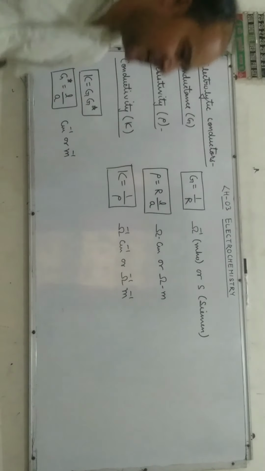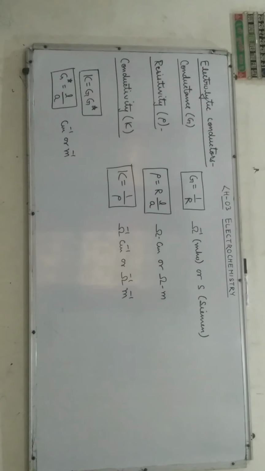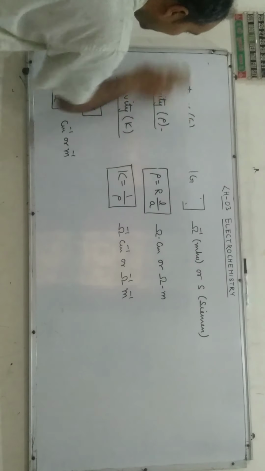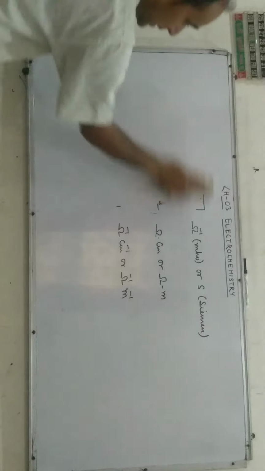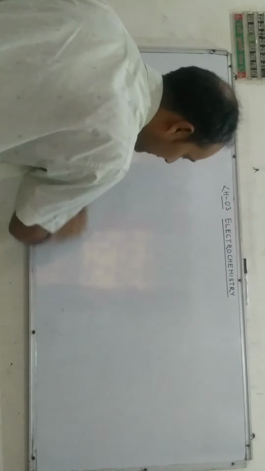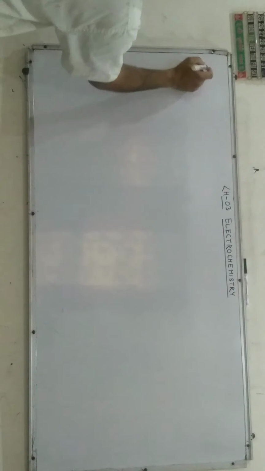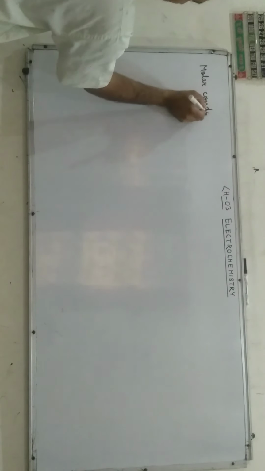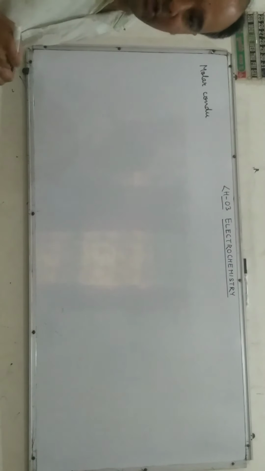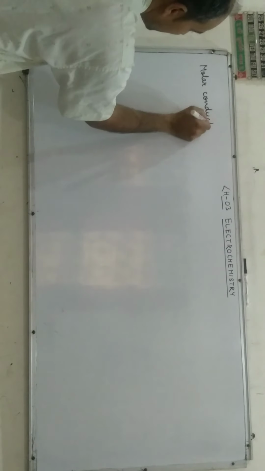Now let us discuss molar conductivity. Molar conductivity is defined as the conductance of all ions produced when 1 mole of electrolyte is dissolved in a liter of solution.